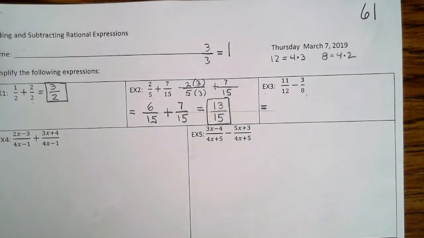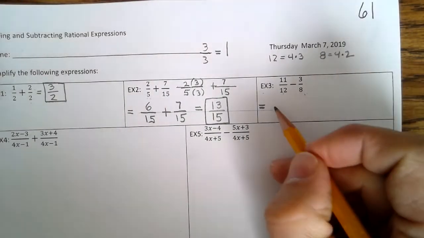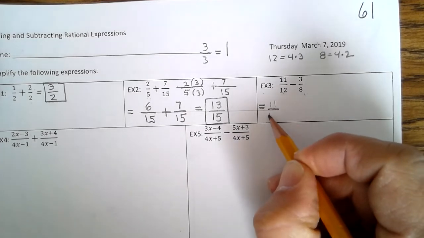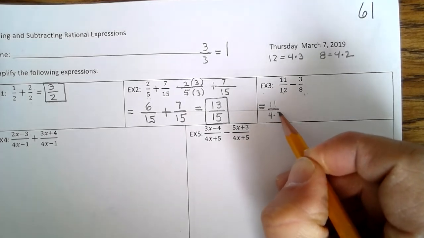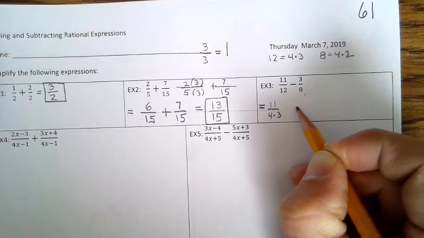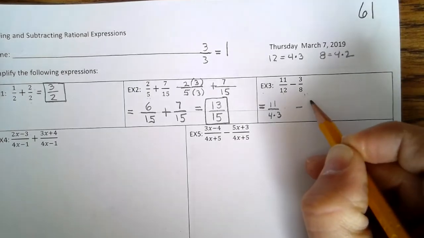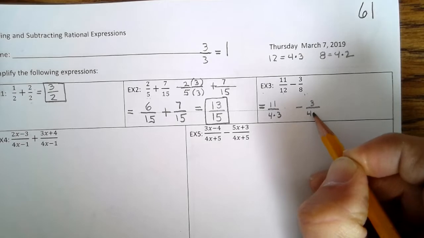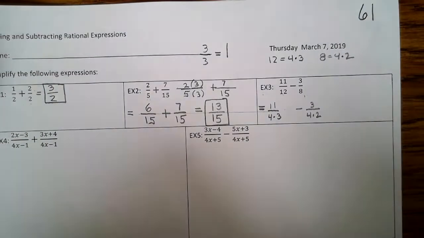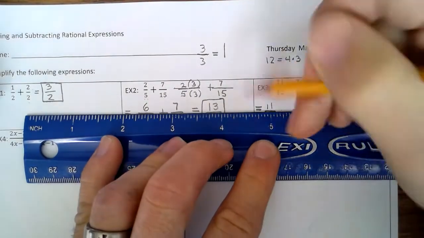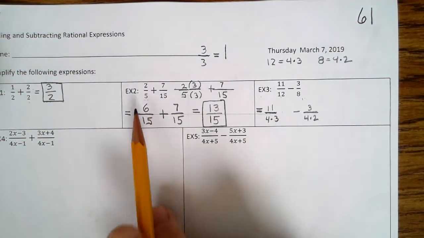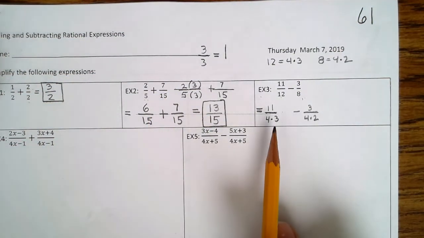So here I can write 12 as 4 times 3, minus 3, and 8 I can write as 4 times 2. Now you notice I did example 2 in a very simple way, and I'm doing this on purpose in a more complicated way so you see how numbers can be broken down.